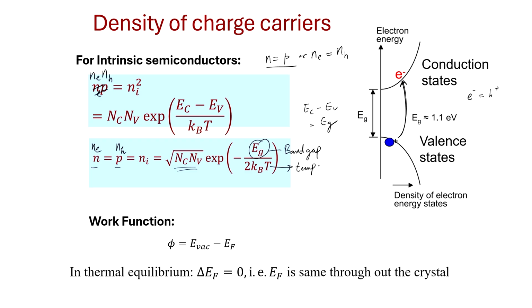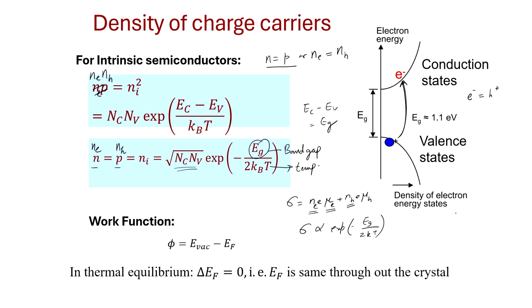And this, as we will see, is strongly related to conductivity, because sigma is equal to Ne mu e plus Nh mu h. We will see that mobility also has a temperature dependence, but that is not an exponential term. So as a result, this Ne and Nh dependence on temperature makes it as if sigma is also exponential of minus Eg divided by 2kT. So the conductivity of an intrinsic semiconductor also has an exponential dependence on temperature.